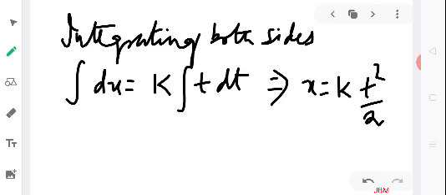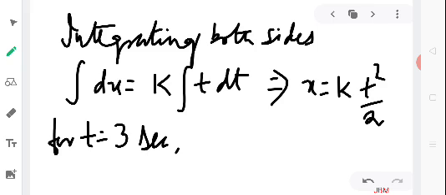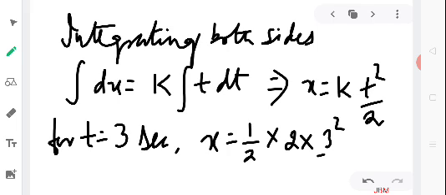or half kt square. So for t equal to 3 seconds, we have x equal to half the value of k, if you remember, it was given 2, and t square, that is 3 square.